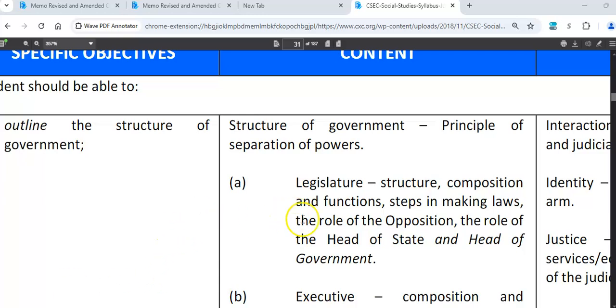Now, the syllabus says that we should also look at the role of the opposition. So what is the role of the opposition? Now, the term opposition can be misleading in some way since it can convey the message that members are only there on the opposite side to oppose government initiatives.